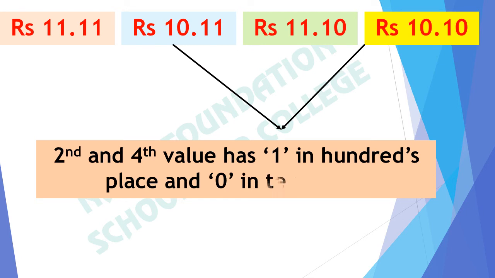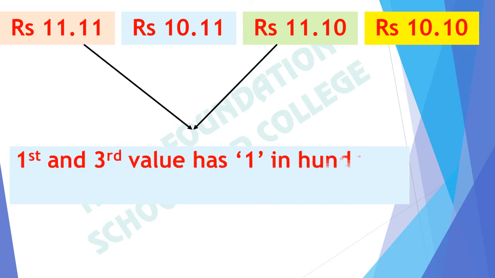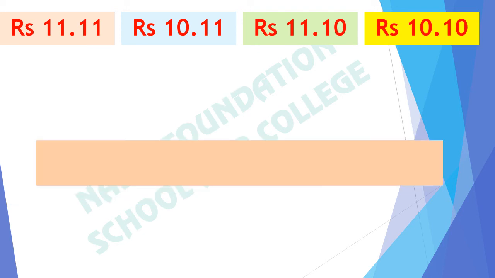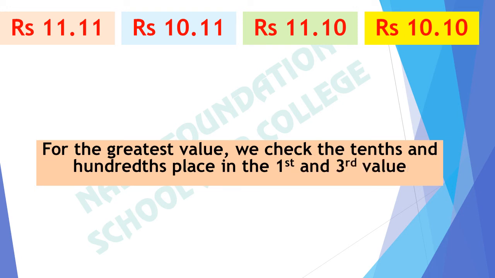Second and fourth value has 1 in hundreds place and 0 in tens place, whereas first and third value has 1 in hundreds and tens place. For the greatest value, we check the tens and hundreds place in the first and third value. In the first and third value, there is 1 in tens place.